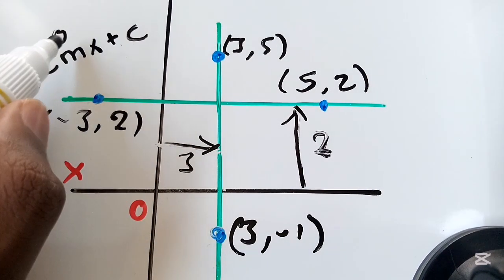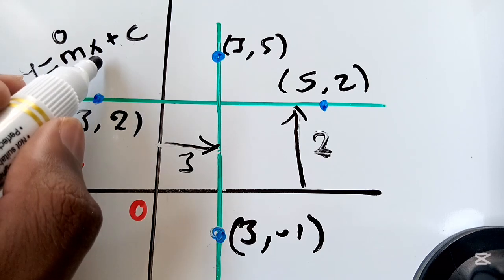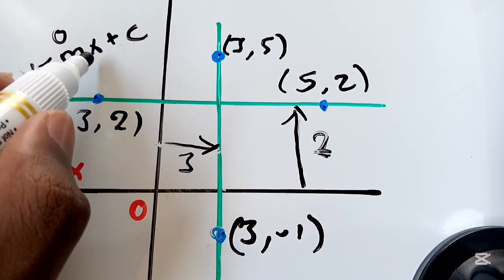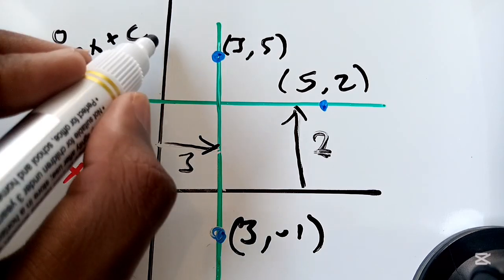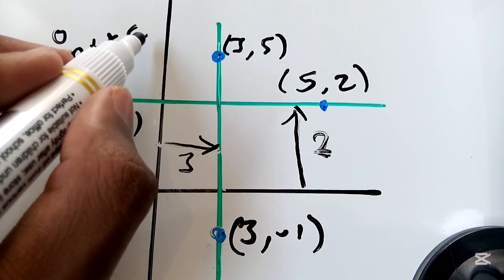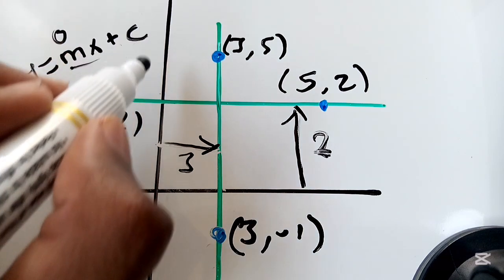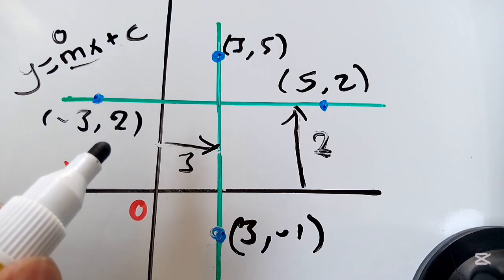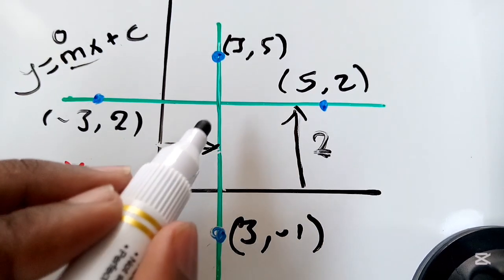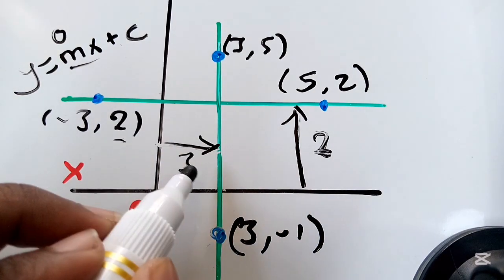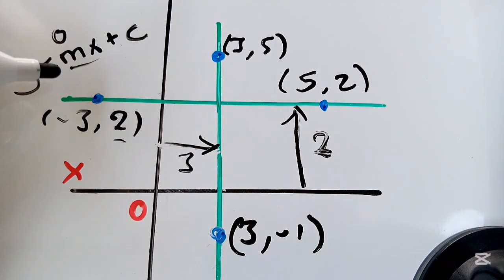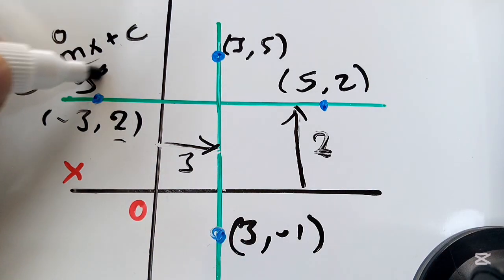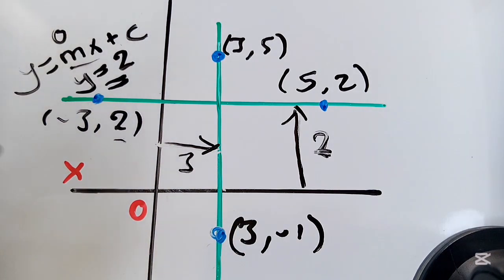If the gradient is 0, obviously x will be affected. It will make it 0, but c won't be affected. We said c is the y-intercept, the part where the line cuts the y-axis. This is cutting the y-axis at 2. So therefore, our equation will be y is equal to 2, because the gradient of this line is 0.